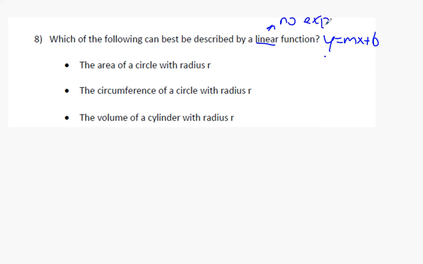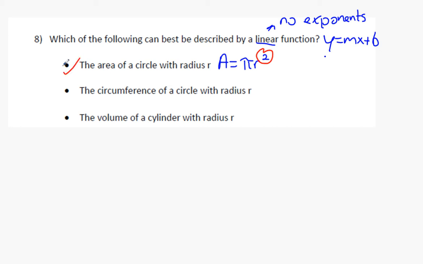Ugh, this handwriting. I gotta practice. So no exponents. If there's exponents, it's not linear anymore. So let's look at what we got. Area of a circle. Go to your formula chart. Area of a circle says A equals pi r squared. So right there, this is an exponent. Since there's an exponent, this is not linear. So this cannot be the answer.